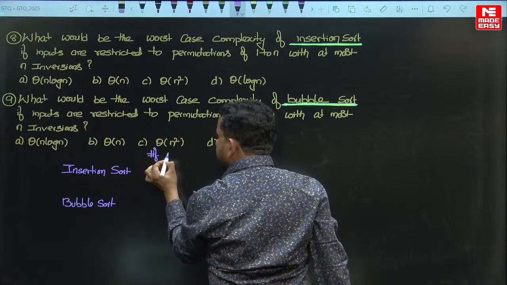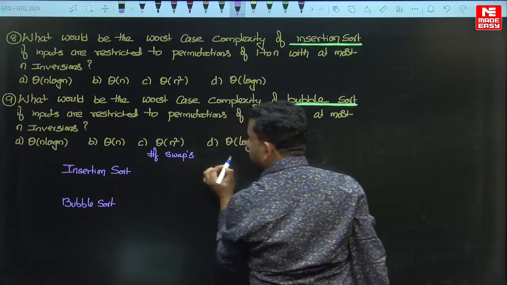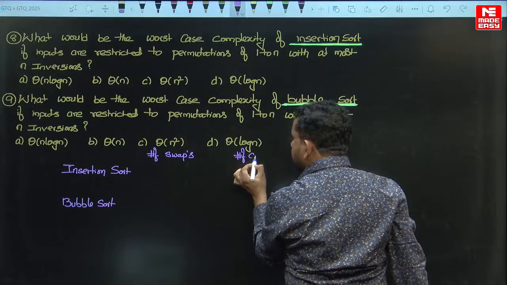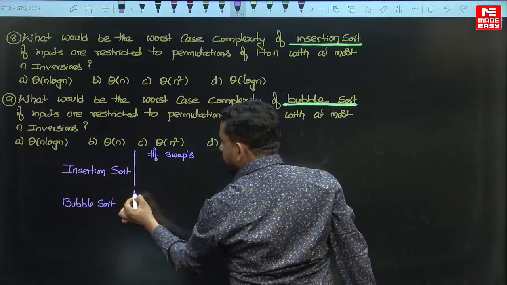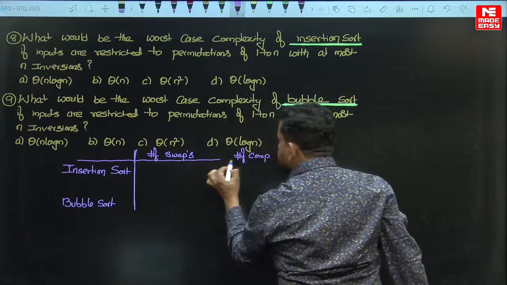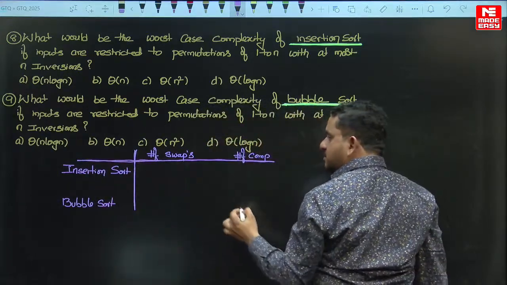Number of swaps and number of comparisons. So insertion sort and bubble sort, number of swaps and number of comparisons.